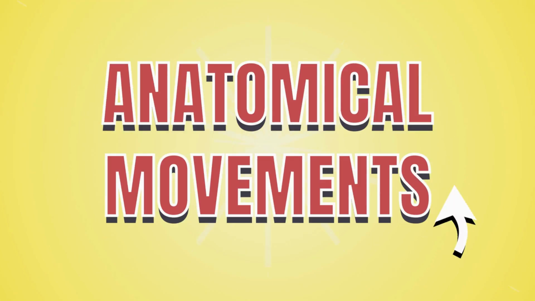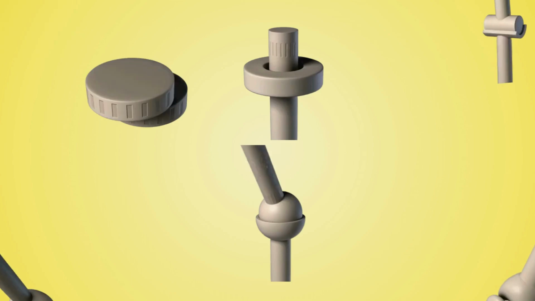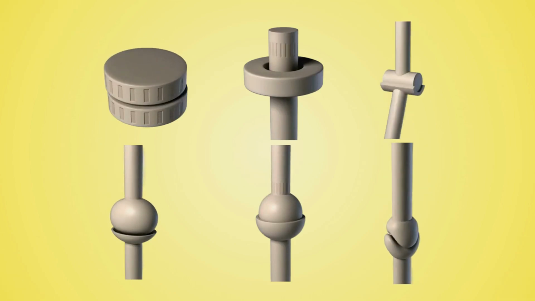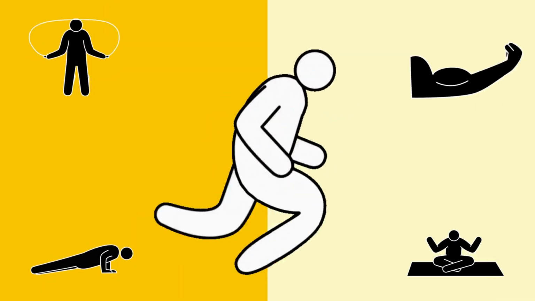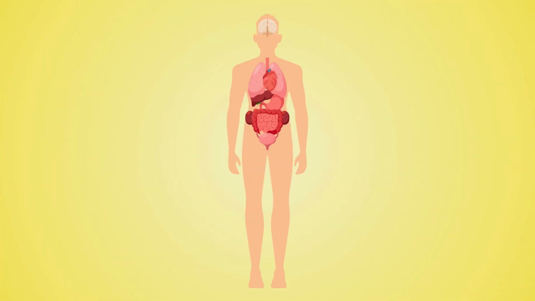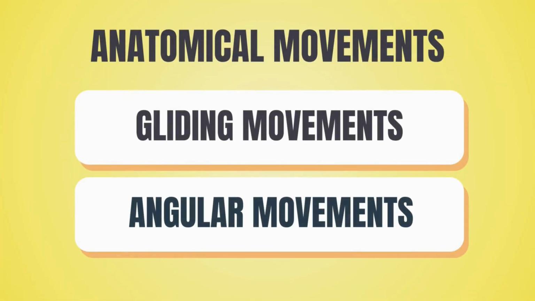Anatomical movements. Anatomical movements in human anatomy refer to distinct actions that occur at various joints within the skeletal system. These movements enable mobility and contribute to the range of motion exhibited by the human body. This report explores 2 key anatomical movements: the gliding movement and the angular movement.